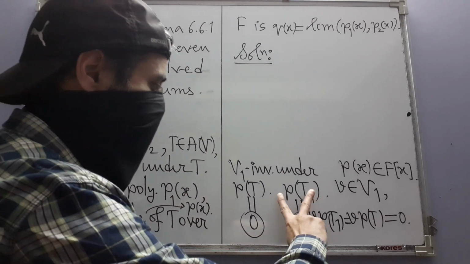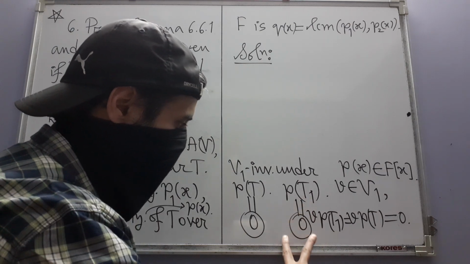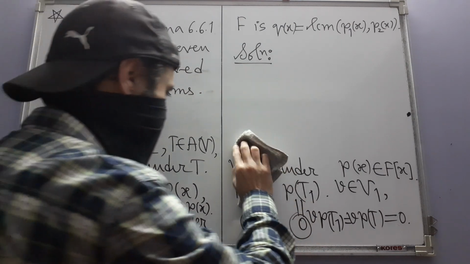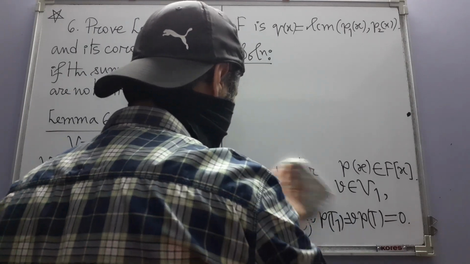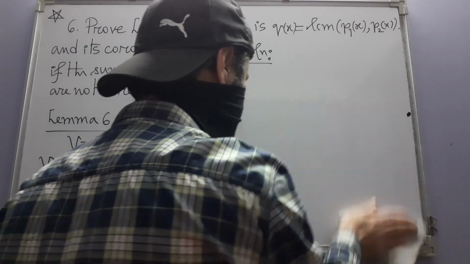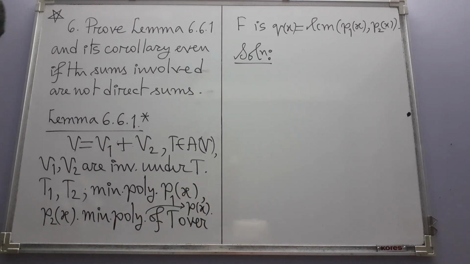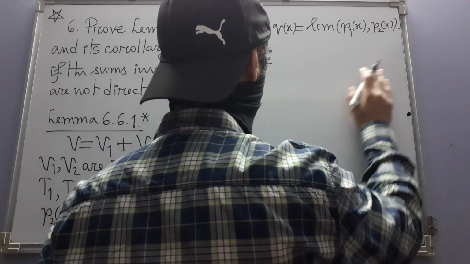Alright, so we are now going to start the proof with this idea that P of t1 is equal to 0. We won't write all these things, of course. Instead, we simply write this.